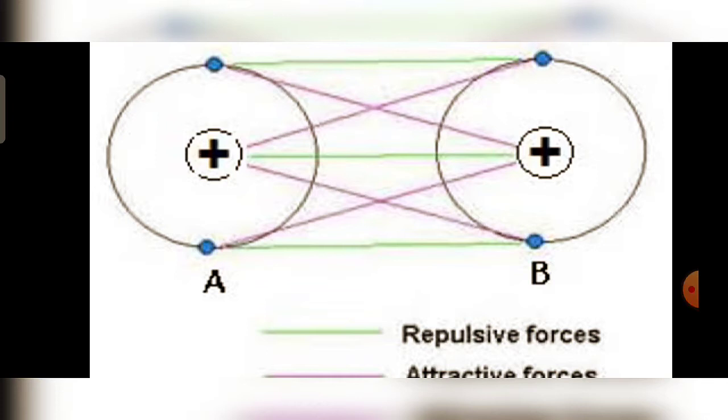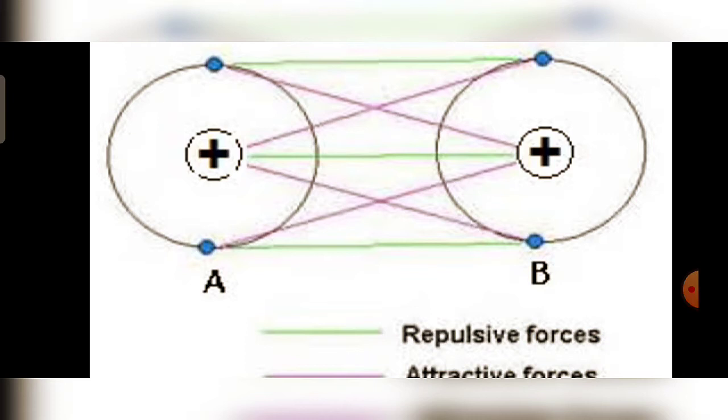For example, the nucleus of atom A will attract the valence electrons of atom B. Similarly, the nucleus of atom B will attract the valence electrons of atom A. So when these repulsive forces and attractive forces act simultaneously, if the repulsive forces become dominant, the bond formation will not occur, and the energy of the system increases because they remain unstable.